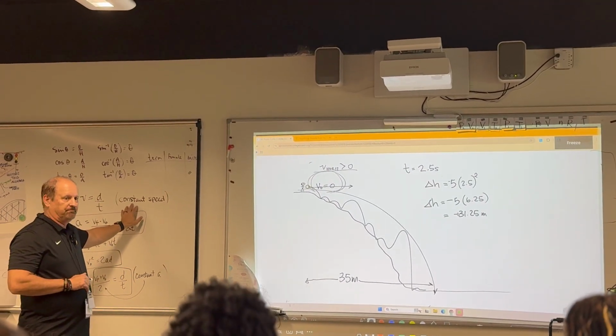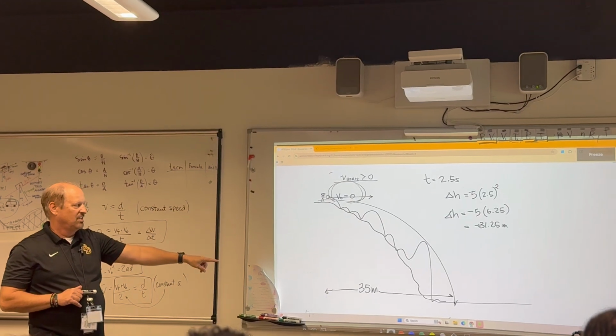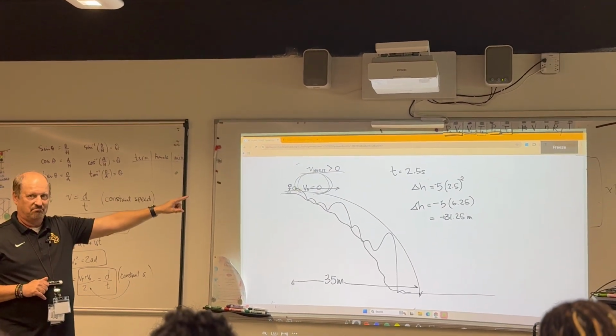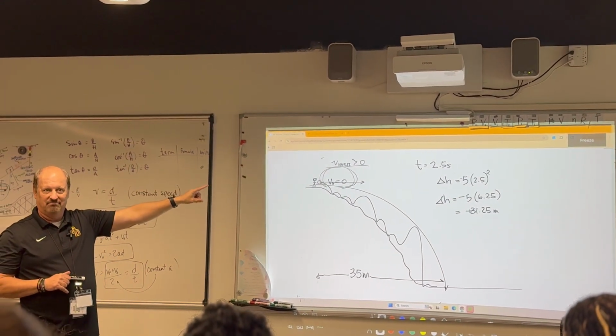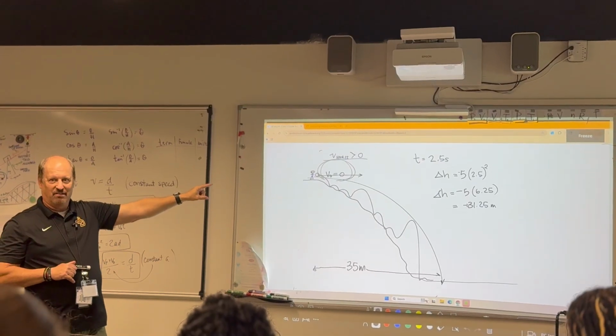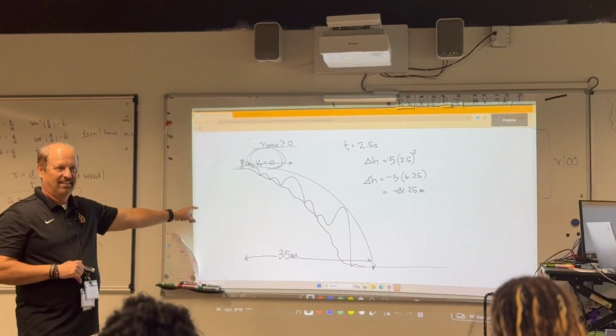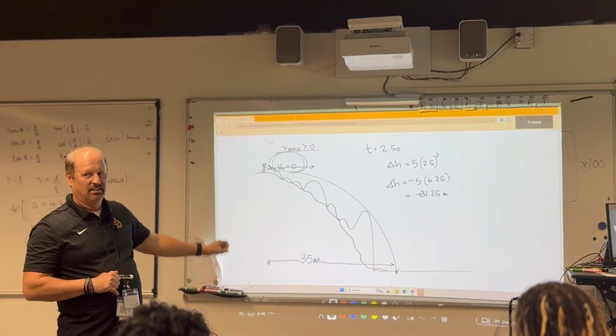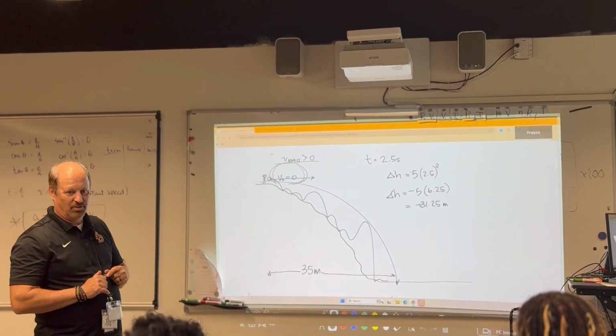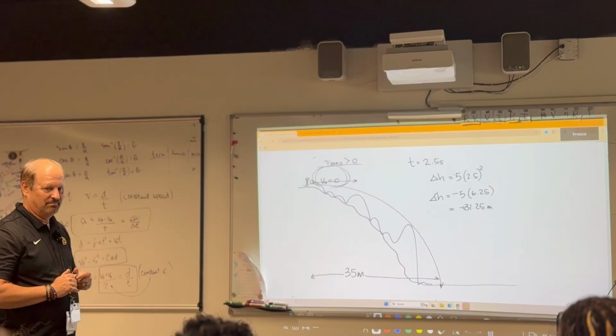Constant speed. So we know the distance, and we know the time. Can we figure out what the velocity is? Come on, anybody. What is it? What's distance over time?